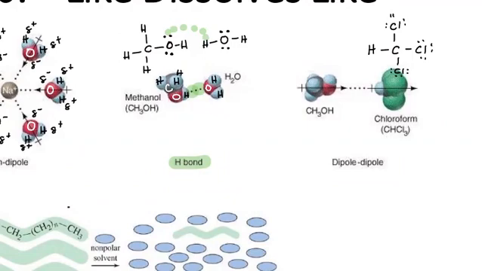So since methanol is polar and chloroform is polar, their interaction, which you can see illustrated here, is going to be a dipole-dipole interaction. And this dipole-dipole interaction is going to be happening, okay, between the delta positive of the atom versus the delta negative of the other atom, okay? So when it comes to this, for example, we already determined, let me just draw the Lewis dot structure for methanol again.